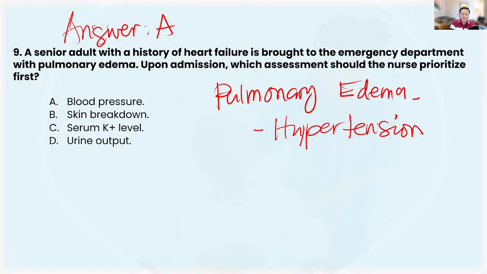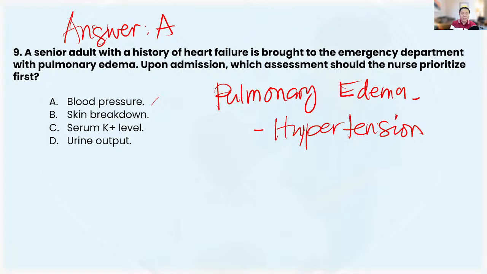Okay. The increased fluid volume in the circulation and also in the lungs can actually cause that severe hypertension because of that excess fluid volume. And so that is why we are going to check the blood pressure first. That's the simplest reason.